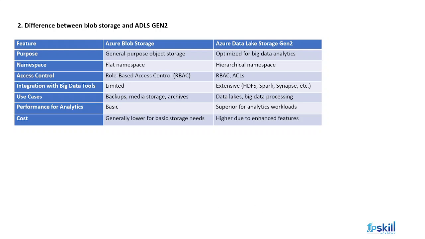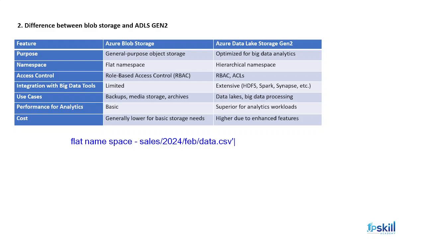Let me give you an example of what a flat namespace means. Imagine you upload one file in a flat namespace, like sales, under sales a folder called 2024, under 2024 a folder called feb, and under that a CSV file, data.csv.